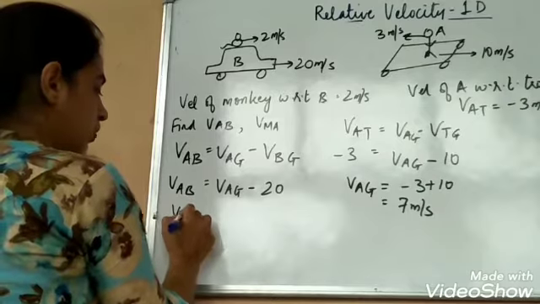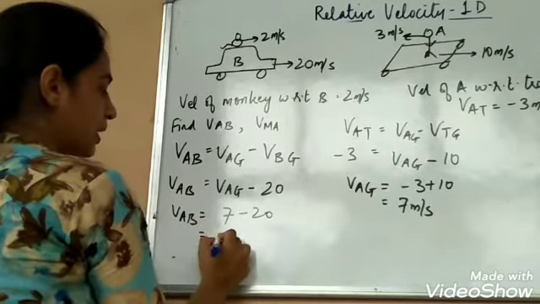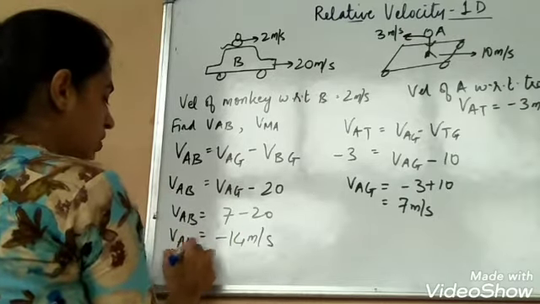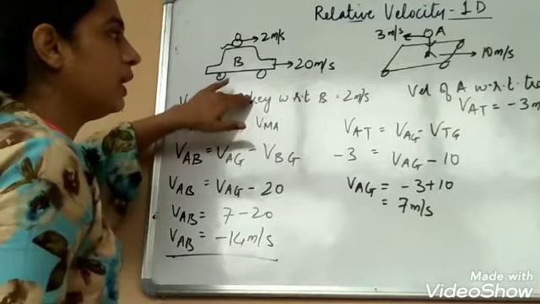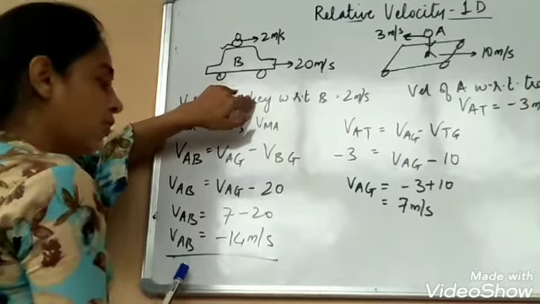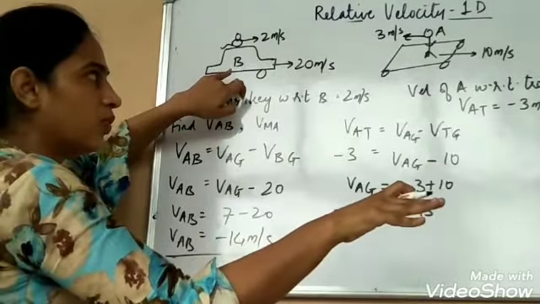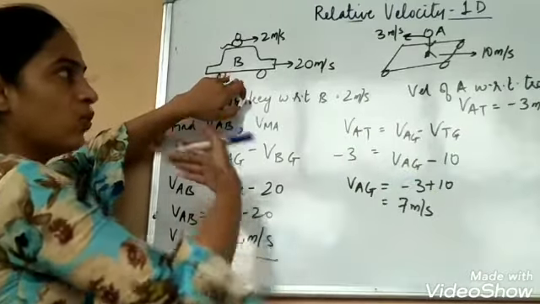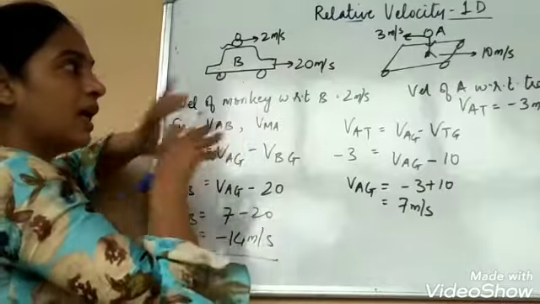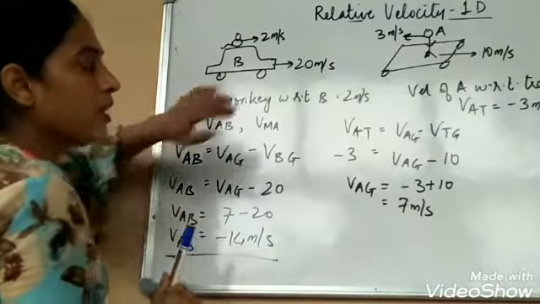We can substitute it over here. VAB is 7 minus 20, that is minus 14 meter per second. So see, velocity of A with respect to B, that means how is the velocity of A as seen by B. Since B is moving here with a velocity of 20 meter per second and A is moving in the opposite direction with some velocity, but A is moving in the forward direction also with 10 meter per second.